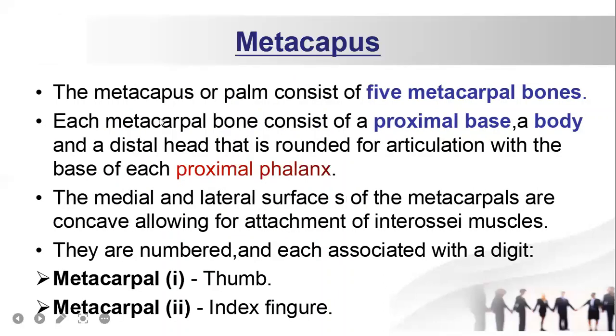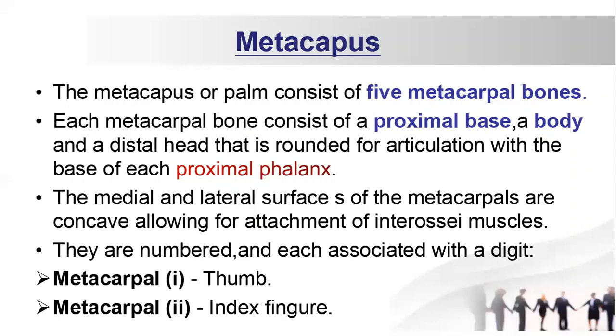So the metacarpals of the palm consist of 5 metacarpal bones. Each metacarpal bone consists of a proximal base, a body, which we've been dealing with in the previous image, and a distal head that is rounded for articulation with the base of each proximal phalanx.